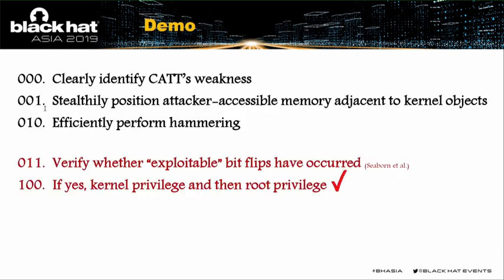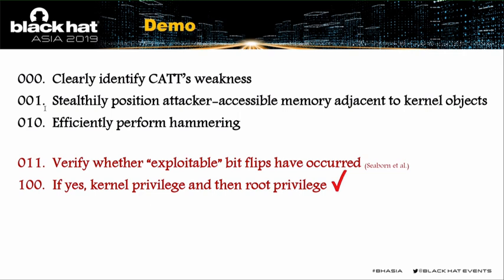So the first three primary steps have been completed, and now we need to verify whether exploitable bit flips have occurred. The idea of verification is that if a virtual page is no longer pointing to a physical page, then we can be sure that a page table has been bit flipped.